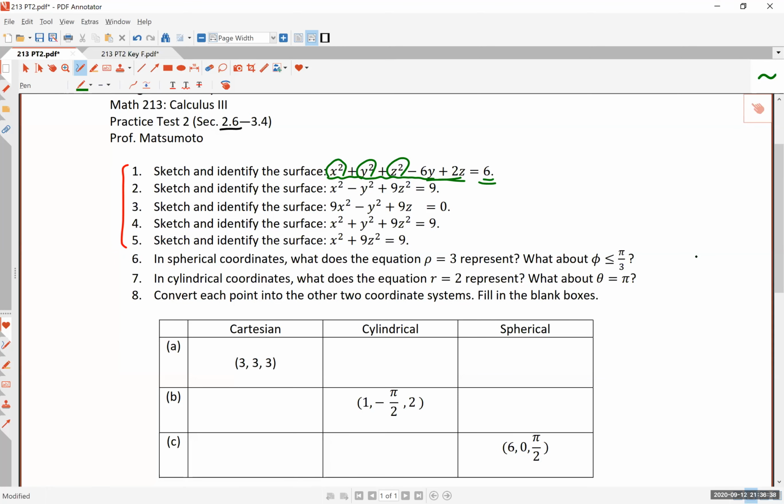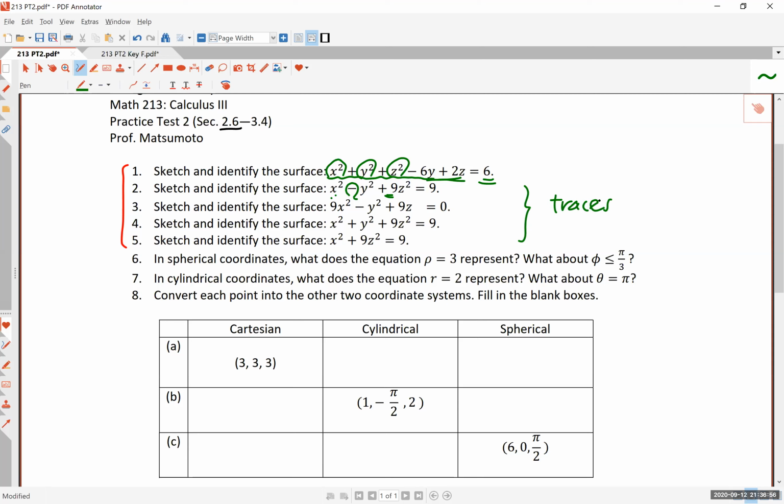Okay. What's the difference between 1 and 2? Well, if you look at number 2, you have a negative sign between x squared and y squared. And then, of course, the coefficients are different, 1, negative 1, and 9, right? In all of these, what you have to do is to study the traces.